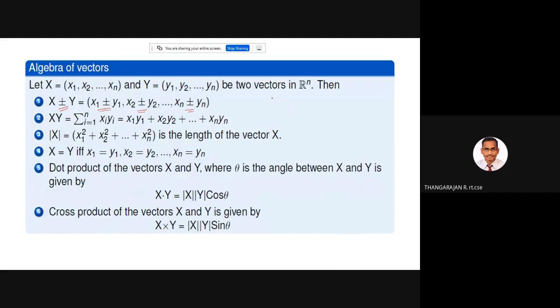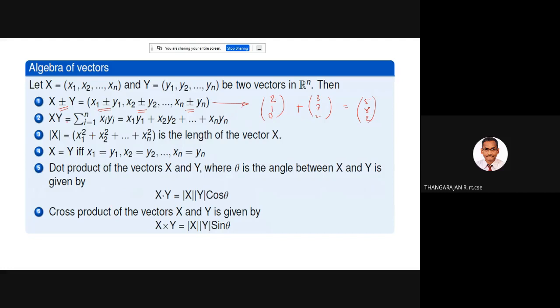For example, one vector is 2, 1, 0 and another vector is 3, 7, 2. To add these two vectors, you add component-wise: 2 plus 3 is 5, 1 plus 7 is 8, 0 plus 2 is 2. This is how vectors are added.